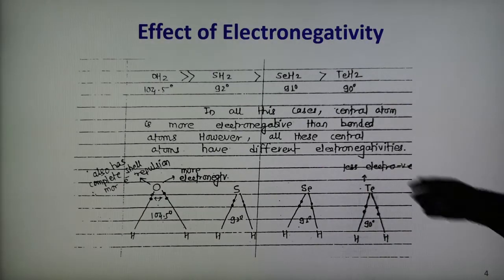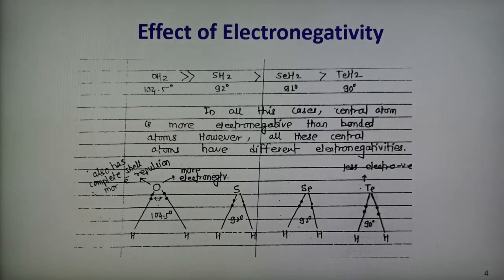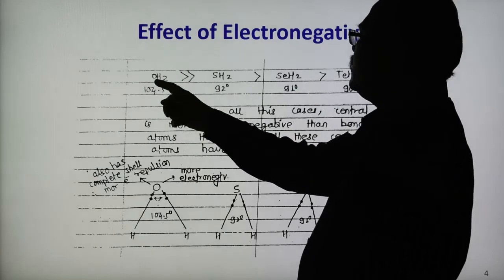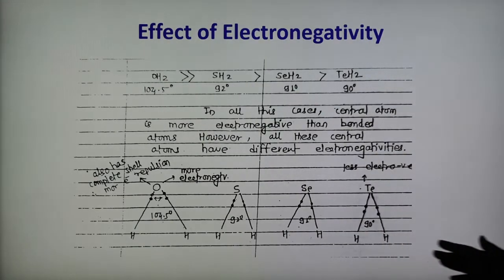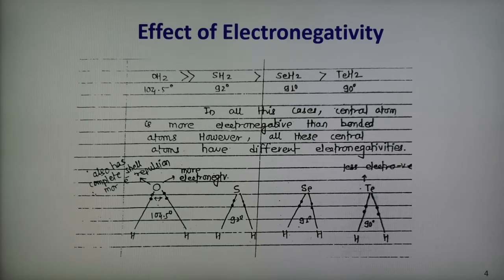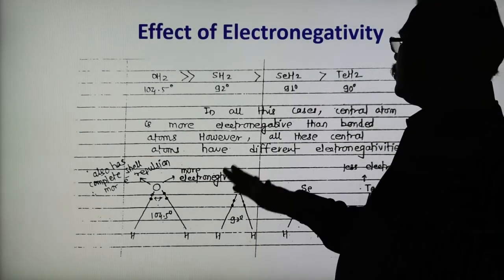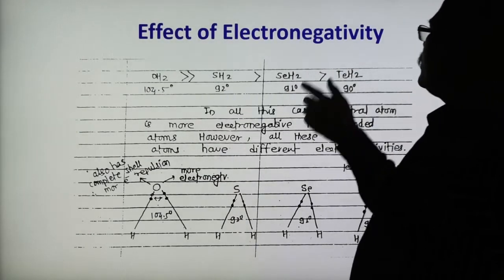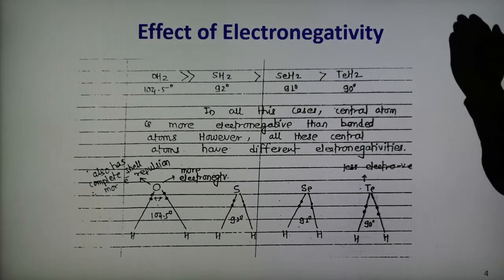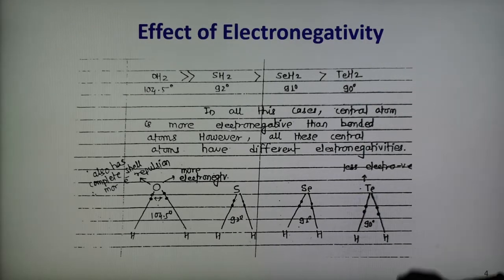In all these cases the central atom is more electronegative, because hydrogen is less electronegative. In all the examples here, the central atom is more electronegative as compared to the bonded atom, but the four central atoms have different electronegativities. As we know, electronegativity decreases as we go from top to bottom in the group.